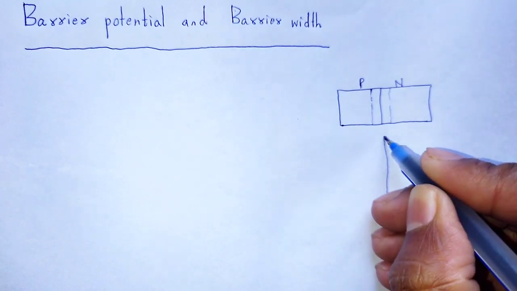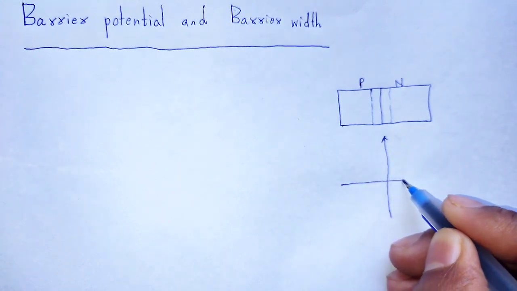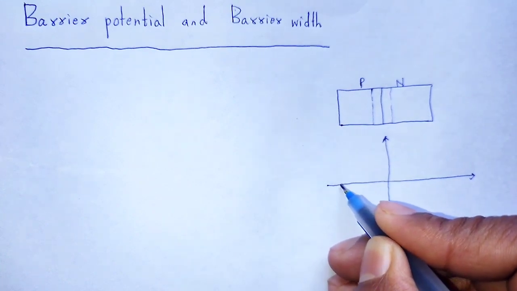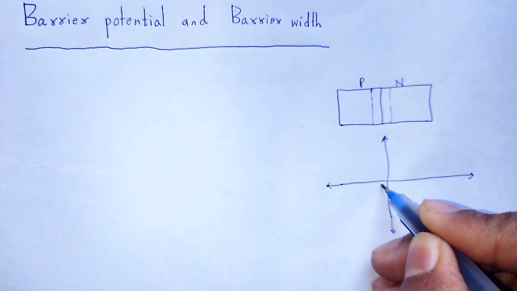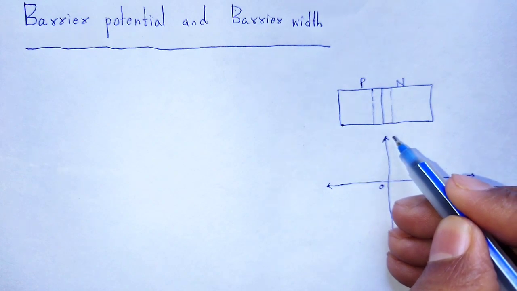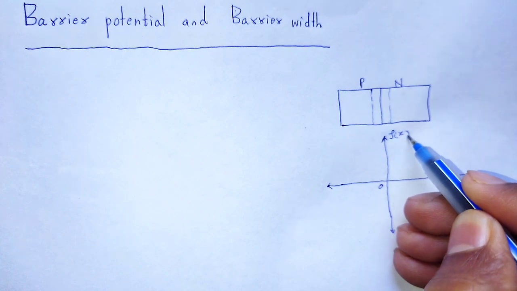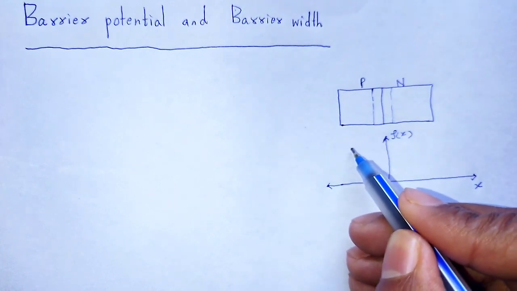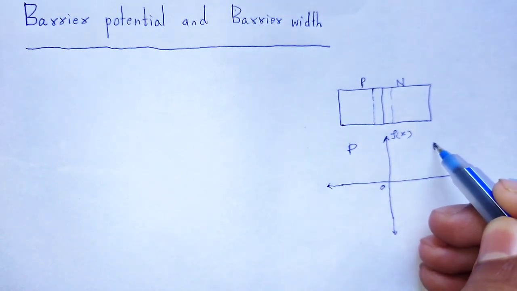If we plot a graph between distance and volume charge density, that region is for P type, and that region is for N type.